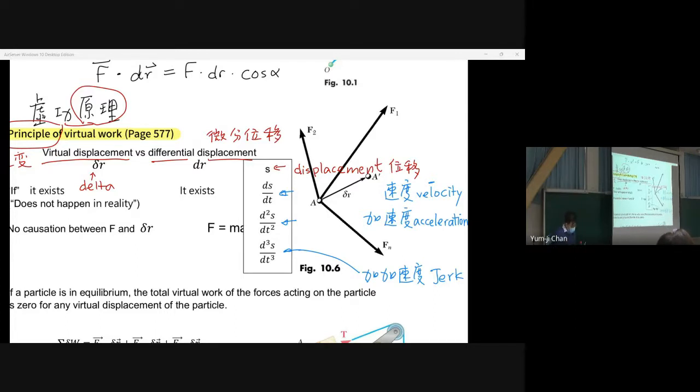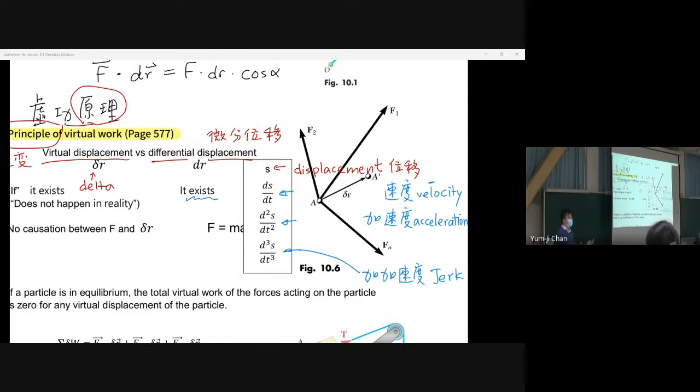And of course, we know F equals ma, right? You will learn this in dynamics. Now, these four quantities actually exist.